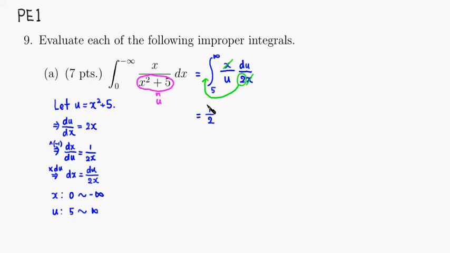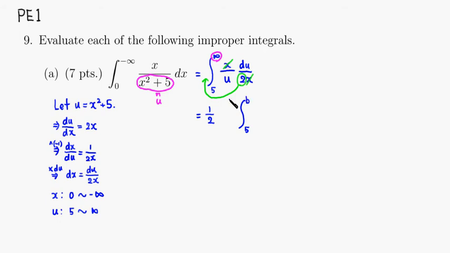Next we need to take care of the infinity upper limit, which is the reason this is improper. I'm going to replace it by b, so instead of going from 5 to infinity, we stop at some number b.